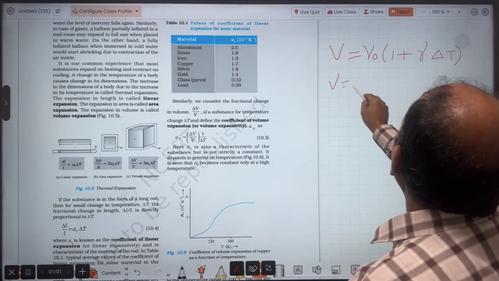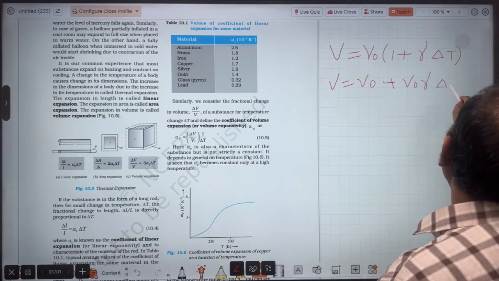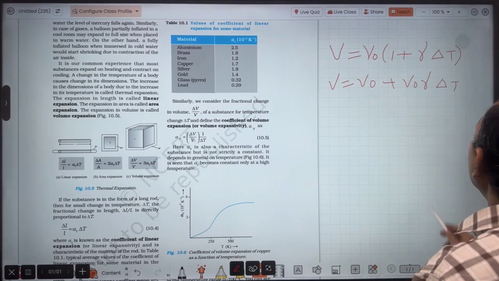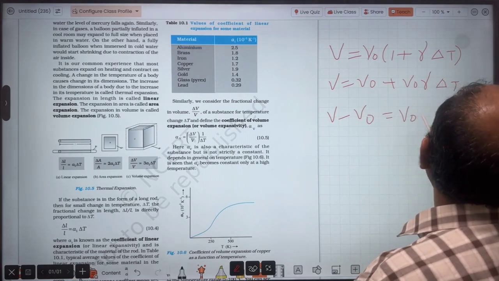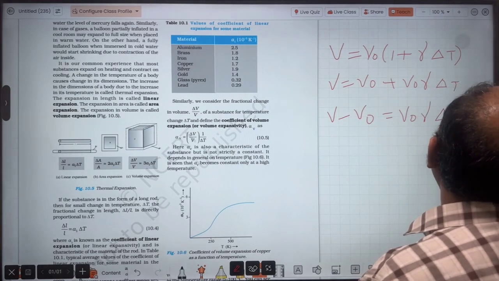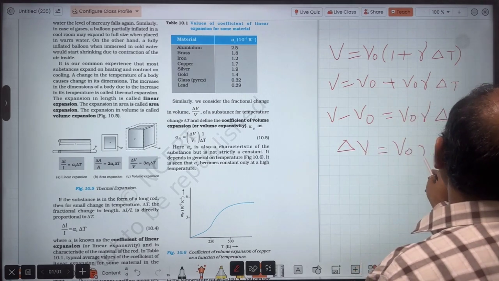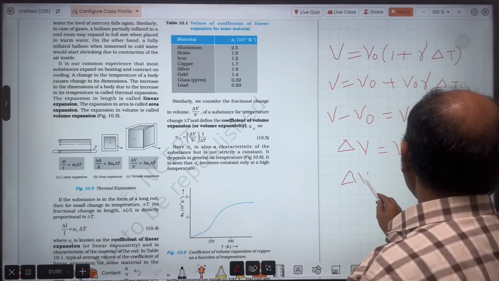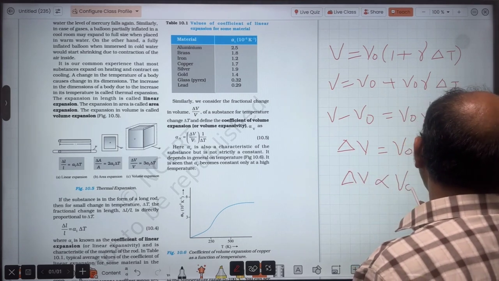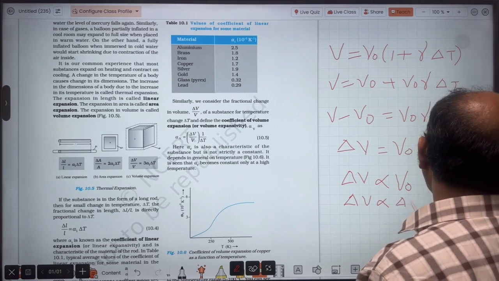So we can open the bracket, V0 plus V0 gamma delta T. Now V minus V0 equal to V0 gamma delta T, or delta V equal to V0 gamma delta T. So we can say that delta V is proportional to V0, delta V is proportional to delta T, right?